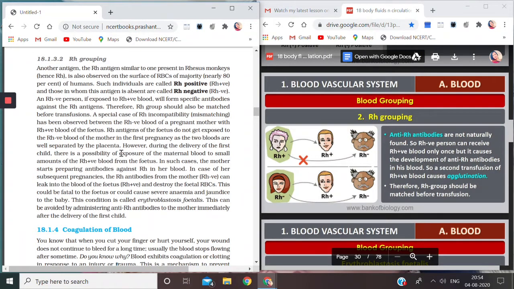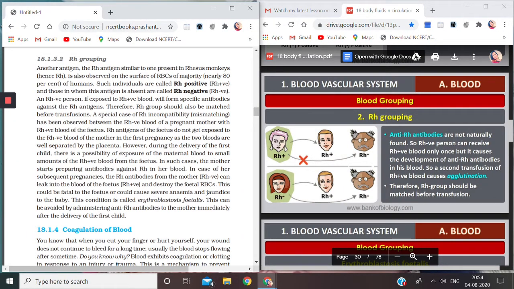So during that process, it may happen, I'm saying it may happen, or there is a possibility that the maternal blood gets exposed or mixes with the fetal blood. Now, as soon as the Rh positive blood of the fetus comes in contact with the maternal blood, what will happen?